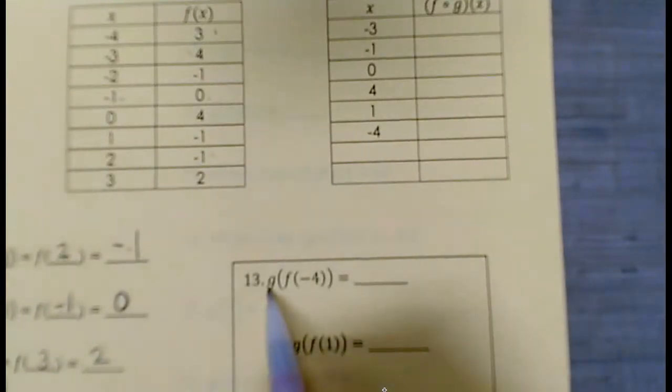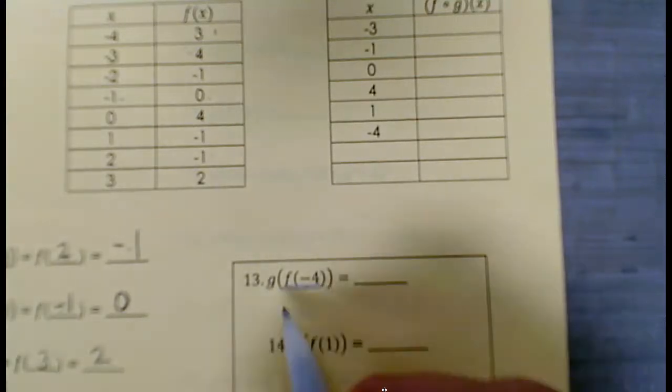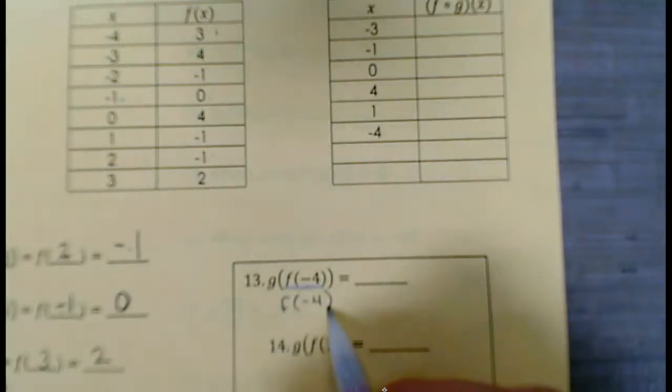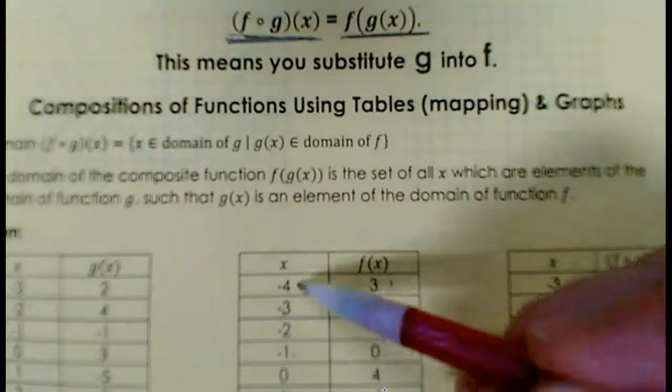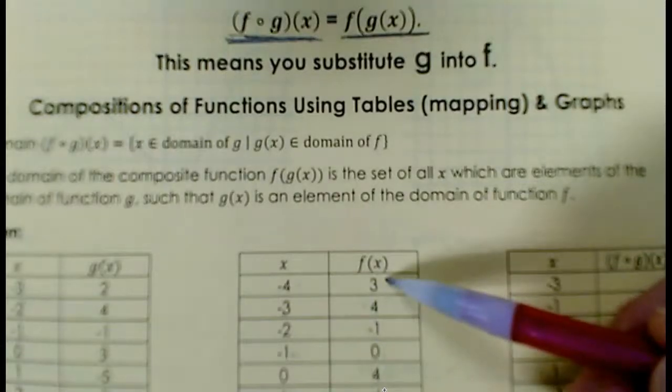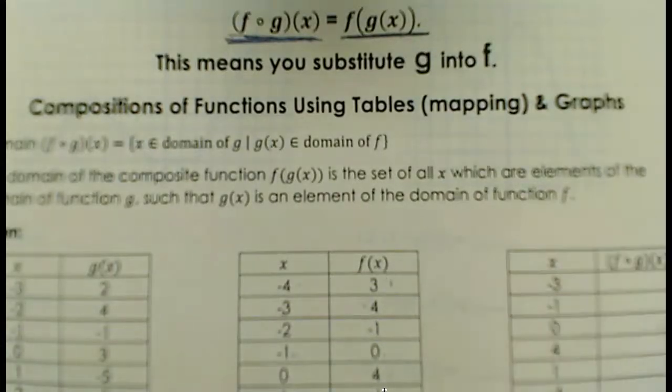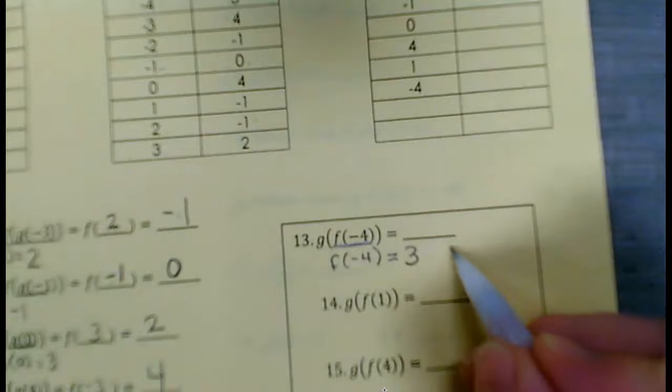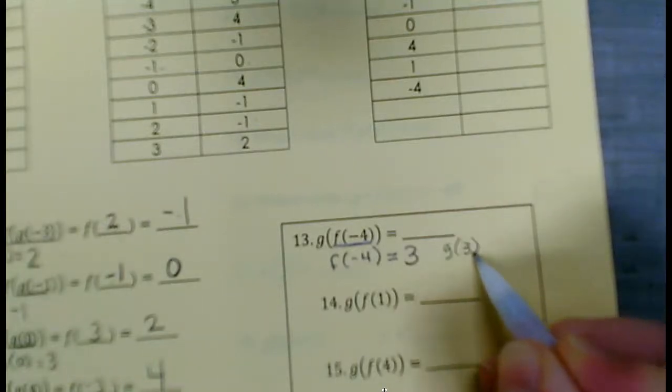The F function does not have to be on the outside. This time the F function is on the inside, so I start here with the F function. F of -4 is equal to 3. Then I go to the other function, G of 3.